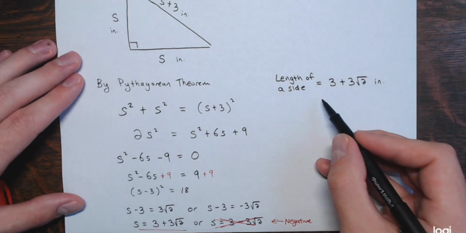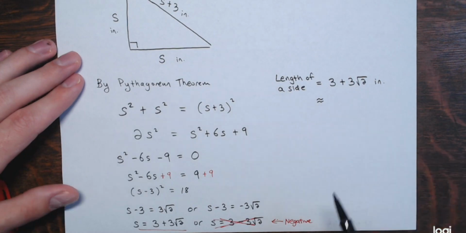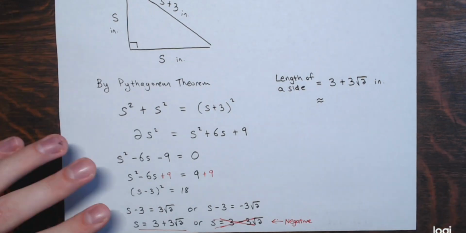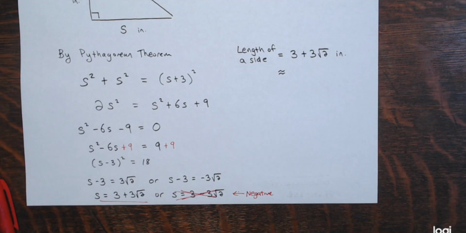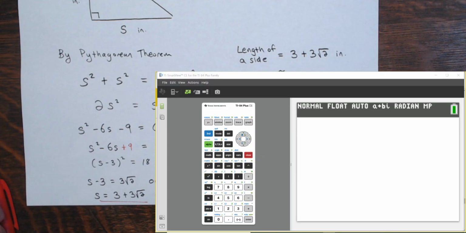Now they did ask us in the instructions before these exercises to round this to 1 decimal place, round to the nearest tenth. So yet again, I'm going to pull up a calculator, and we'll put in 3 plus the square root of 18, right? 3 plus 3 times the square root of 2.